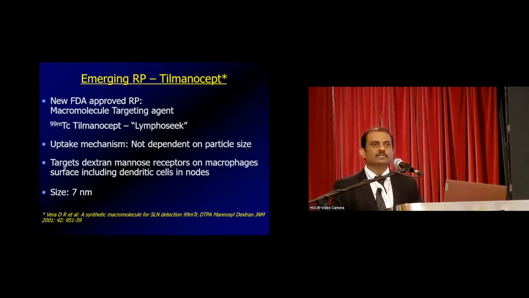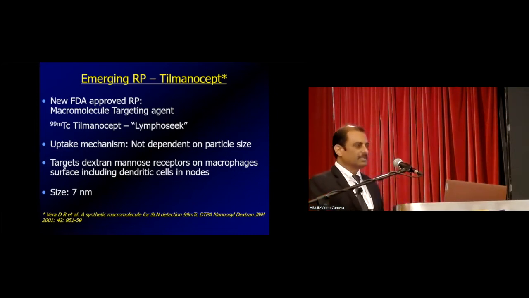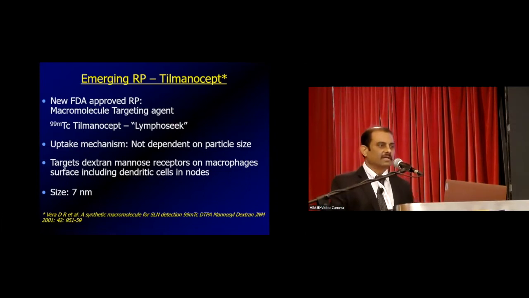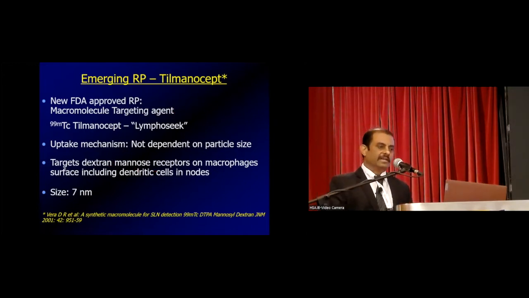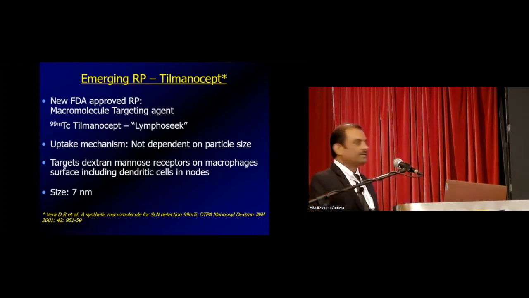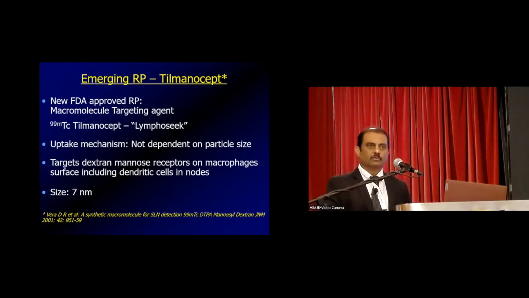So, as a nuclear medicine physician, we should always update ourselves, and this is the new radiopharmaceutical of choice, that is tilmanocept. What is tilmanocept? It is a macromolecule targeting agent. It targets the dextran mannose receptors on macrophages and dendritic cells in the lymph nodes, and the biggest advantage of that is it will not further move from the sentinel lymph node.